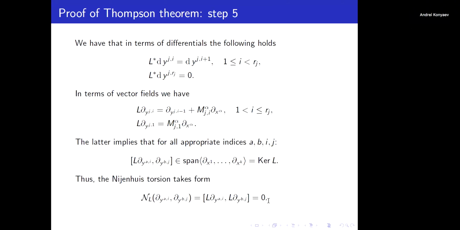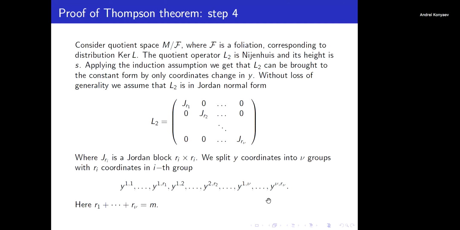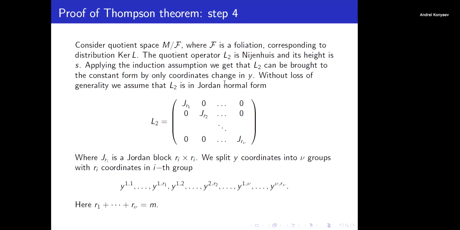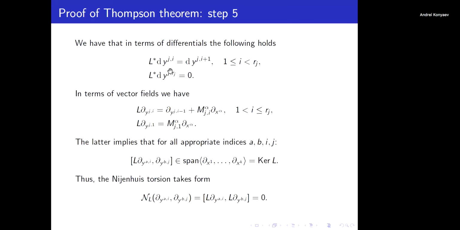So now we need to carefully take a look at this coordinate system. What do we have? First of all, if we do the transposition, if we take L star, we get this matrix. It goes here. It becomes a long matrix, and this becomes 0, and we see that this L star operator acts on differentials of coordinates y very simply.